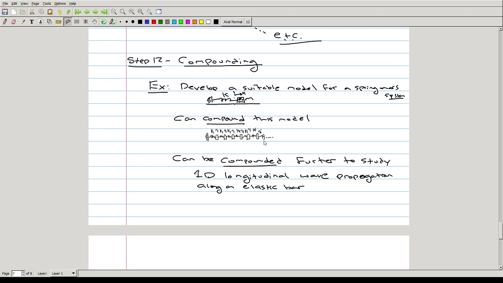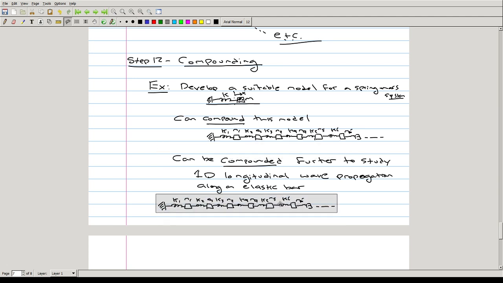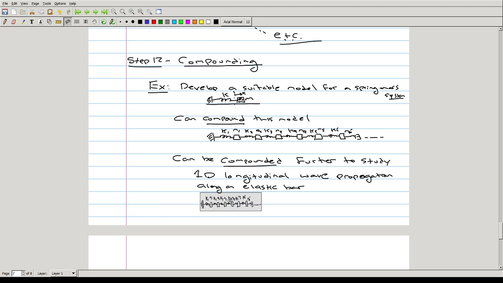Oops, don't want to shrink it just yet. So make it very, very, very small. And this is going to keep going, keep going, keep going all the way along. And I'll get rid of these as well.